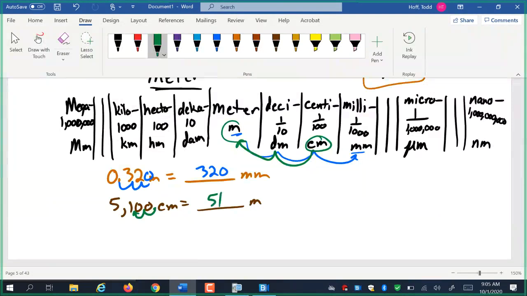That's 51 meters. Or I might have 29 millimeters, and I want to convert it into centimeters. Well, from millimeters to centimeters is 1 spot to the left on the chart. My decimal goes one spot to the left. That becomes 2.9 centimeters.